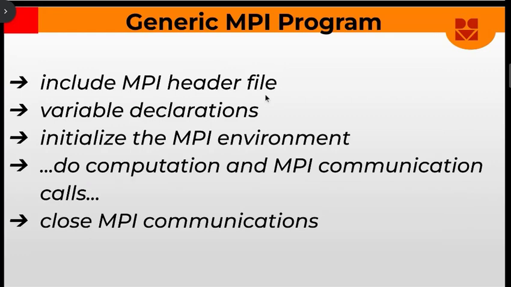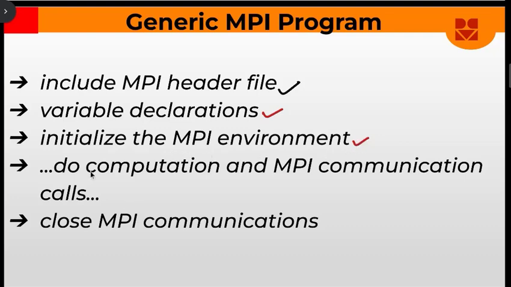So every MPI program basically has these properties. First, we include a certain MPI header, right? And then after including this header, we perform some basic variable declarations, and then we initialize the MPI environment, which gets ready to make use of the MPI function calls or routines, right?